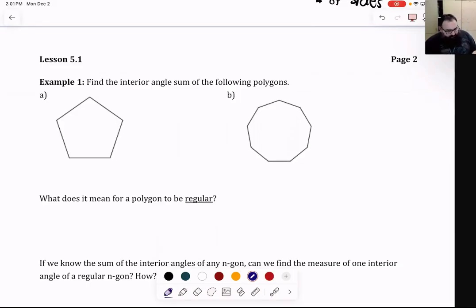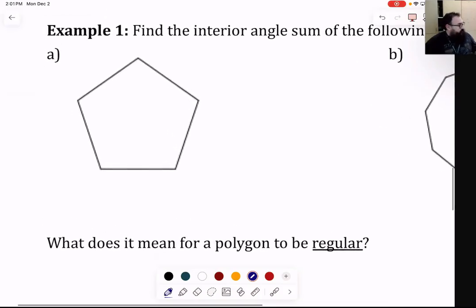Now this says find the interior angle sum of the following polygon. So let's try this out. How many sides do we have here? 5 sides. So this means n is equal to 5.